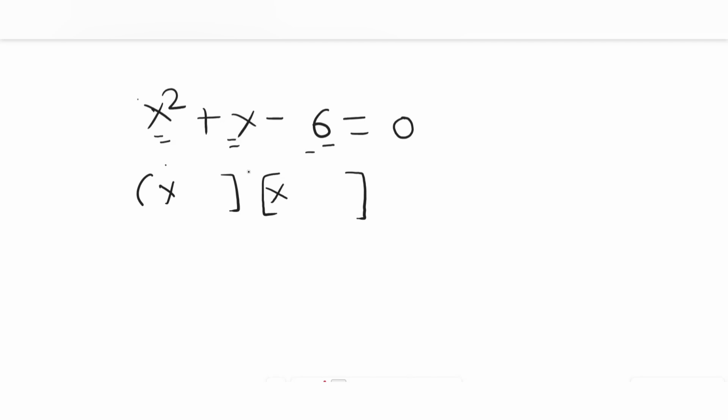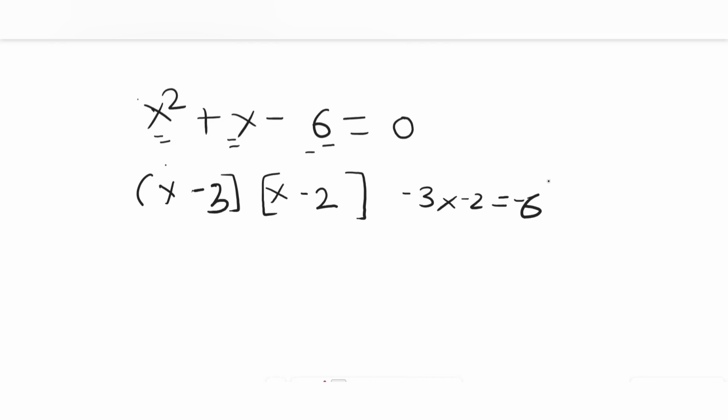To find two values: minus 2 and minus 3, minus 3 into minus 2, we have to get minus 6.